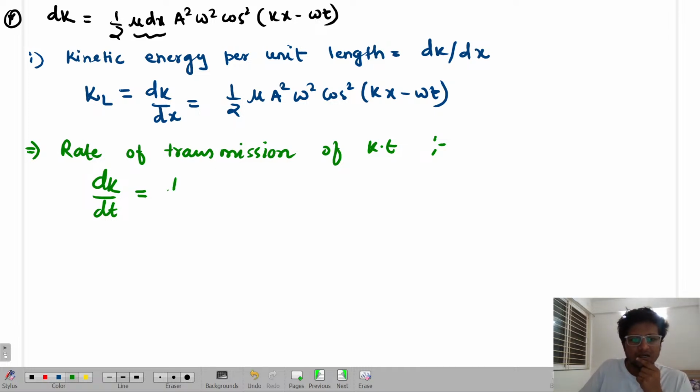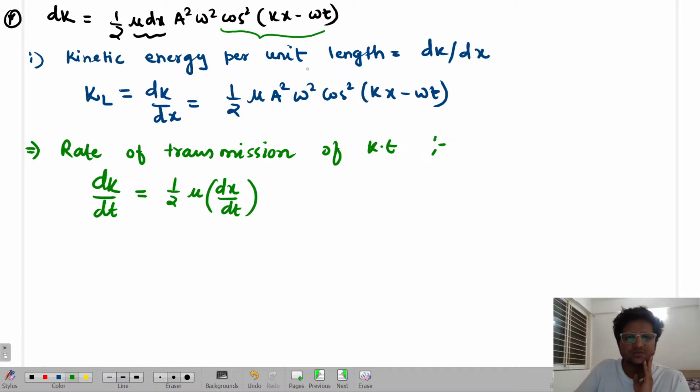I'll get it as half mu dx by dt, isn't it? If I differentiate with respect to time, can I differentiate this with respect to time? I'll get some values, but that is of no use now, because that is just differentiating, making cube or something like that. Are you able to get me or not?